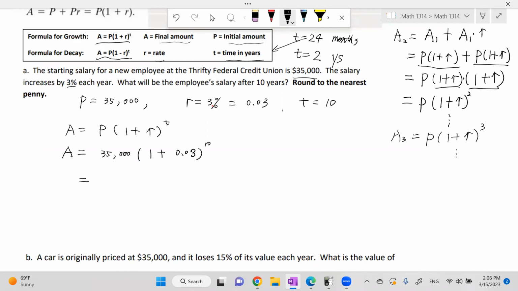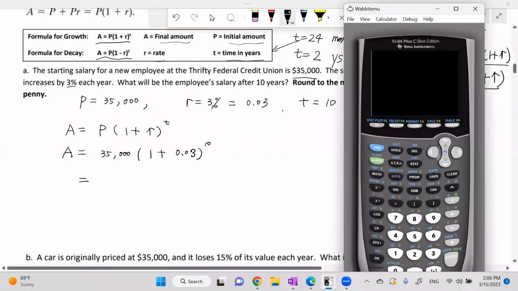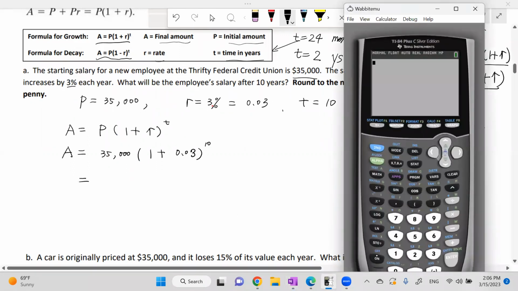So we are using the calculator. 35000, 3 zeros, and then parentheses.